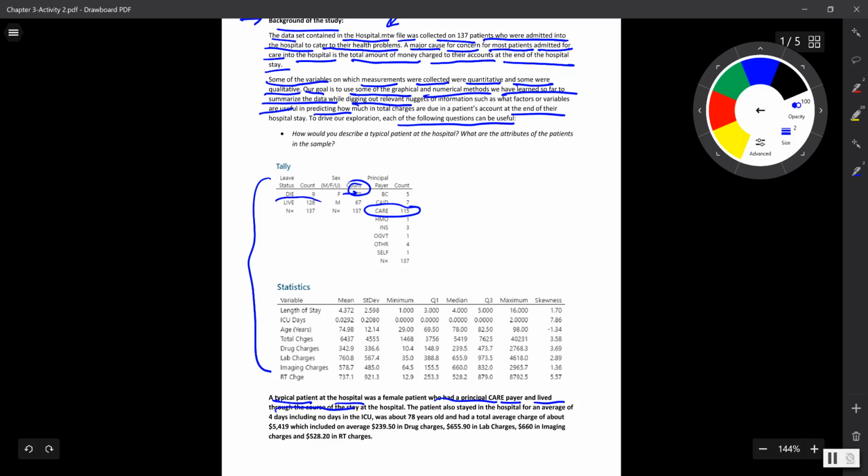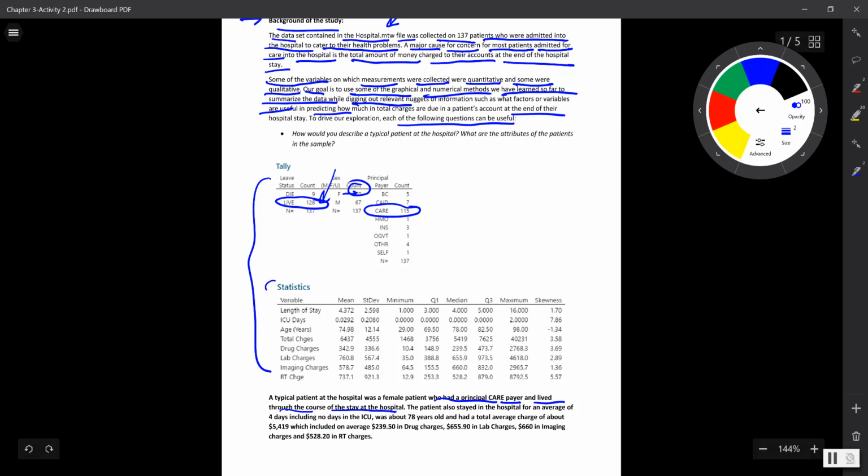That is because that is the modal value. The modal value is the value of the categorical variable that has the highest count. And so I would continue with my report here, that the patient lived throughout the course of the stay at the hospital based on the facts here.